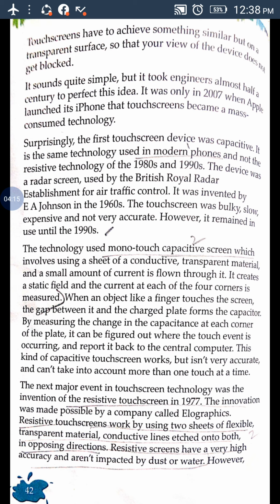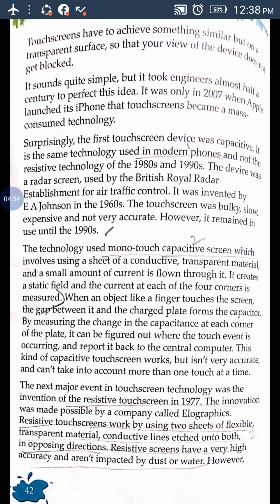The 1980s and 1990s, the devices were very different. The device had a radar screen used by the British Royal Radar Establishment for air traffic control. It was invented by E.A. Johnson in the 1960s. Okay.